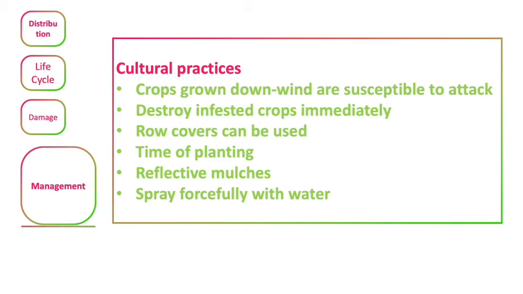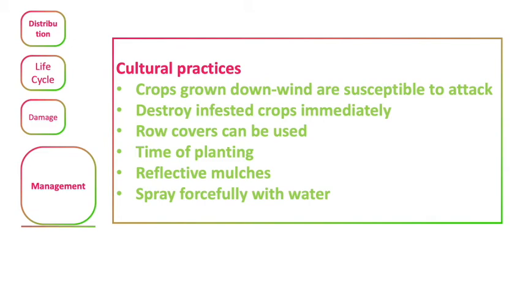If continuous cropping is implicated in retention of aphid populations, then a crop-free period is needed. Row covers can be used to inhibit the development of aphid populations. Time of planting may influence potential aphid population increase.